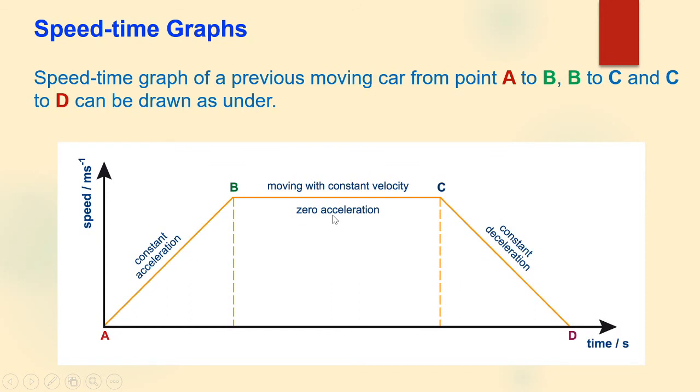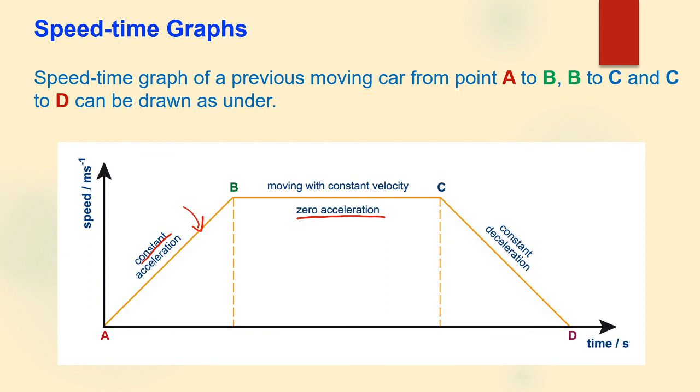Now, the speed time graph of the previous moving car from point A to B, B to C, and C to D can be drawn as under. So here it's a constant acceleration. It's not the changing acceleration because the gradient of the graph is constant. Here the car is moving with constant speed, so it has 0 acceleration.